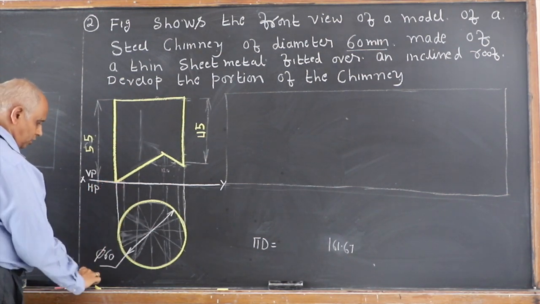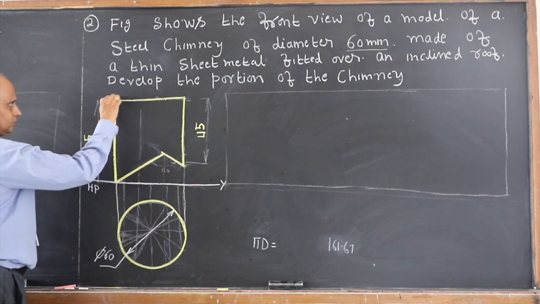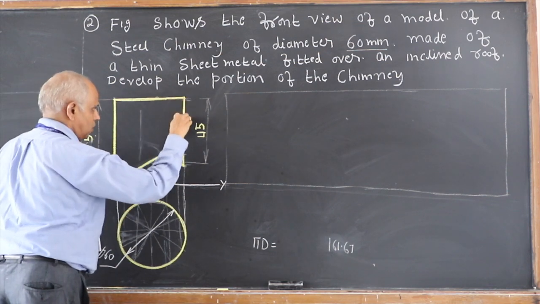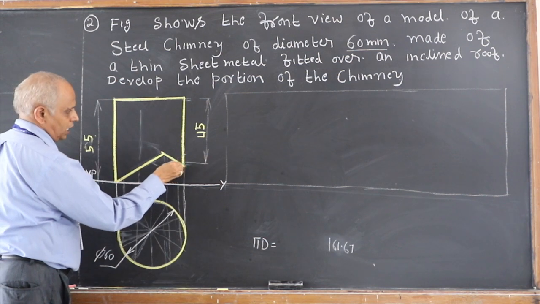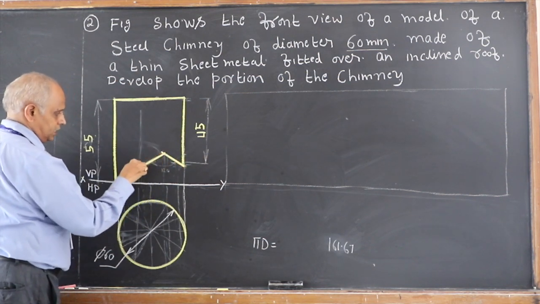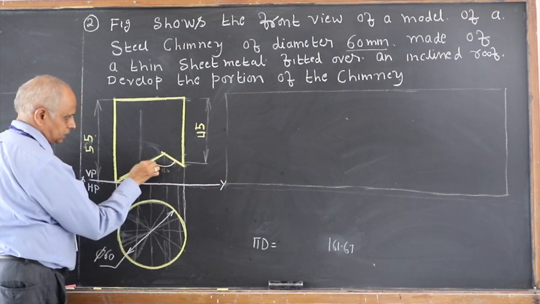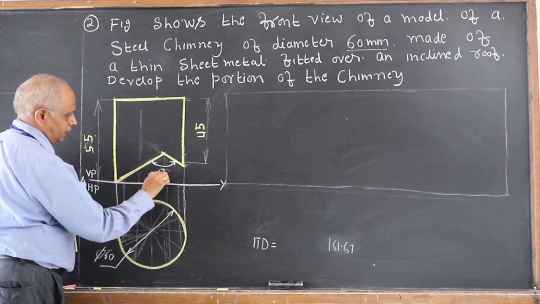Take this for a height of 55 mm, top face, bring it down to 45 mm, then draw this line such that this included angle is 120 degrees. So he says this included angle is 120 degrees.